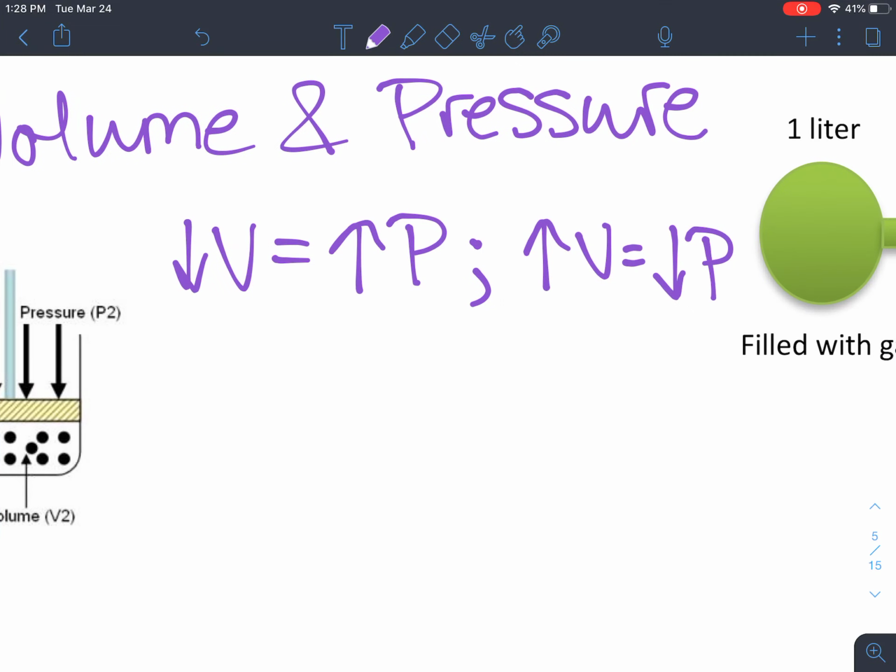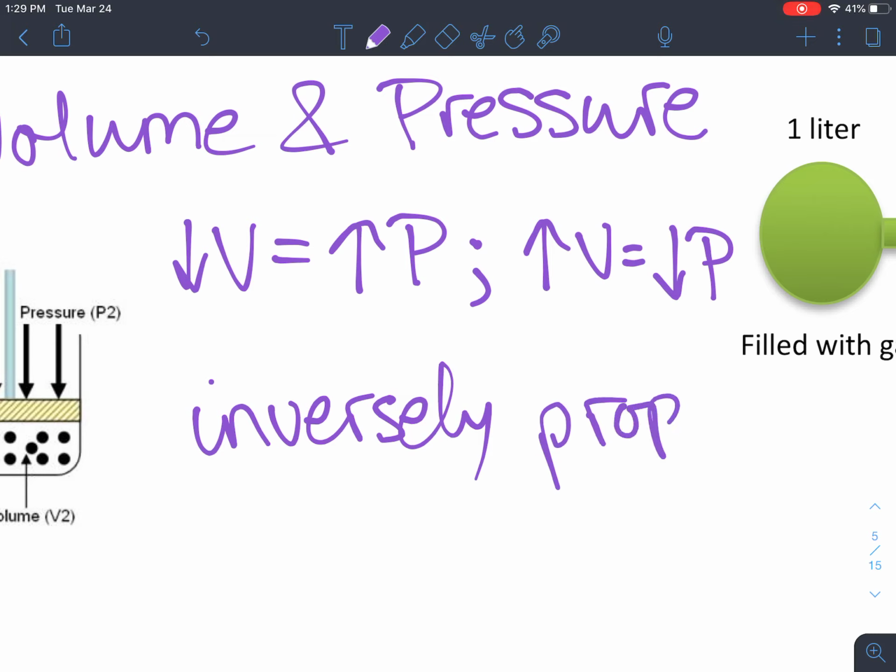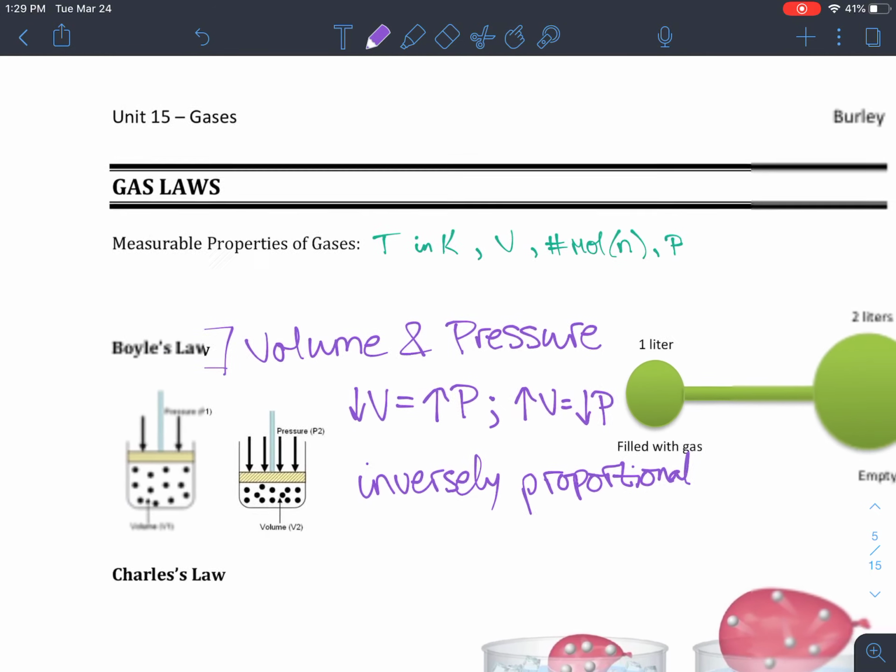So because as one increases, the other decreases, this is called inversely proportional, or an inverse relationship between these two variables. So we have an inversely proportional, or inverse relationship would be fine as well.